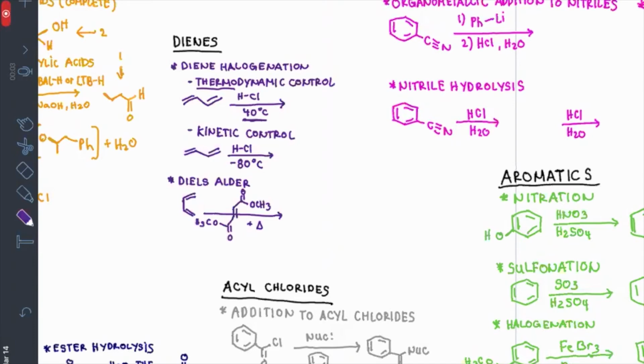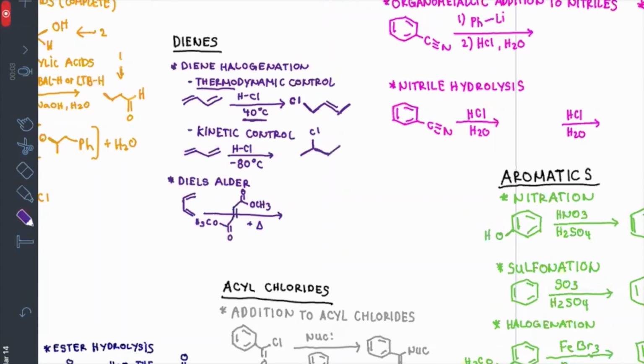With the thermodynamic product, I advise you to review this. But essentially, you're going to get the more substituted alkene, because this is the more stable end product for thermodynamic control. Whereas for kinetic control, we're going to add the chlorine right here on the diene.